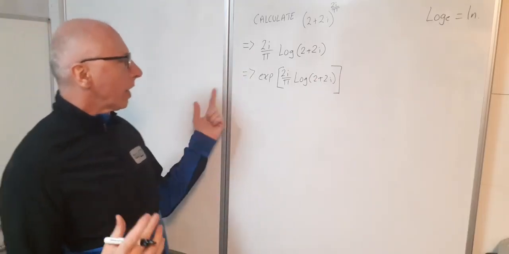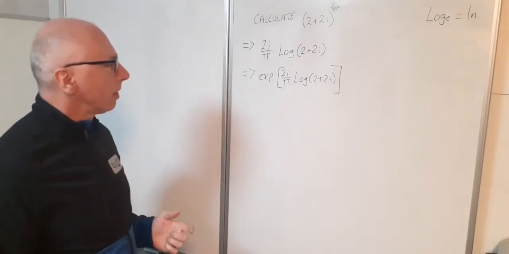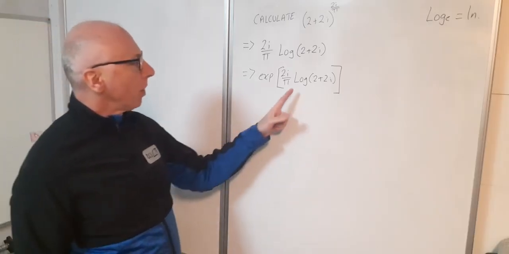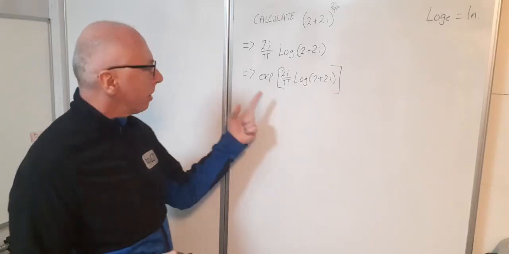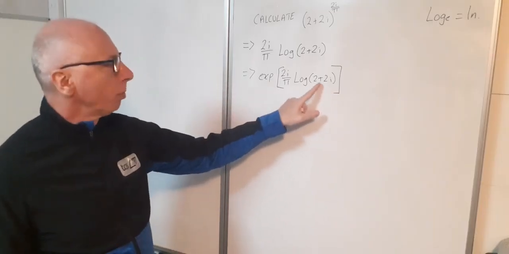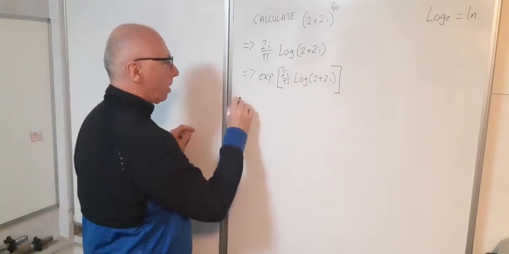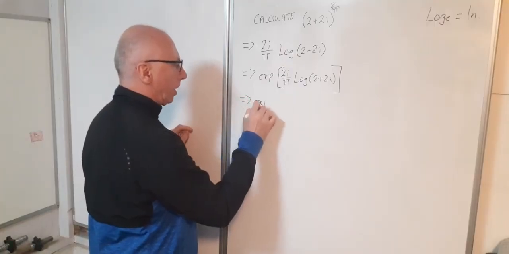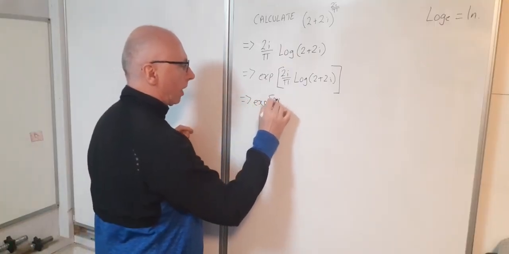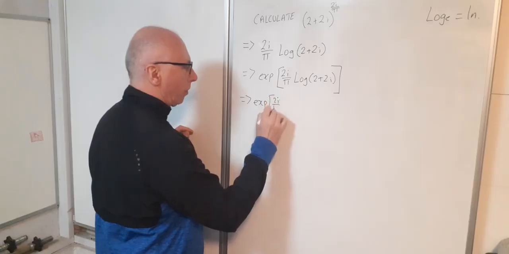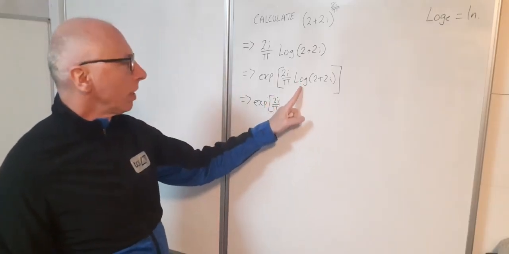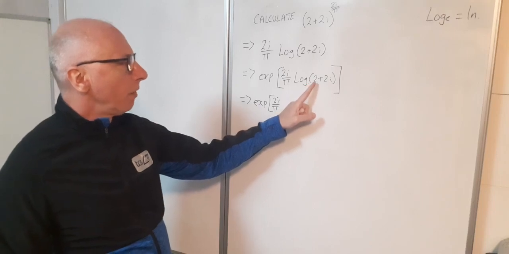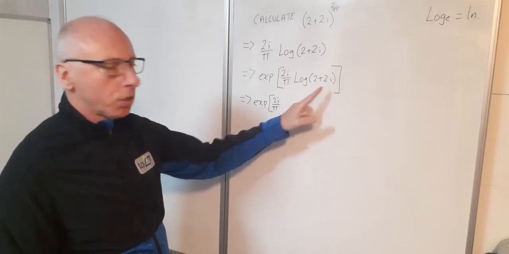So now we've got to try and work out what's going on with all of this. Now the easiest thing to work out first is what's going on with this log here. So in complex analysis, let's put out what 2 plus 2i is in terms of log. So that's now going to give me exponential 2i over pi. And now let's deal with this principal log. So I need the natural logarithm of the modulus of 2 plus 2i.